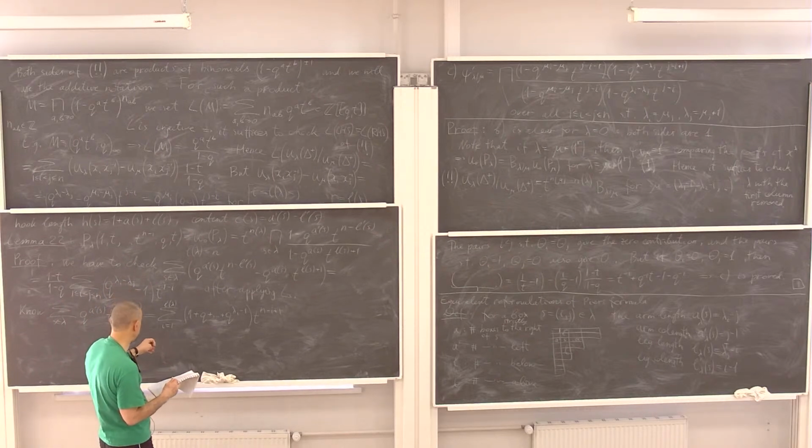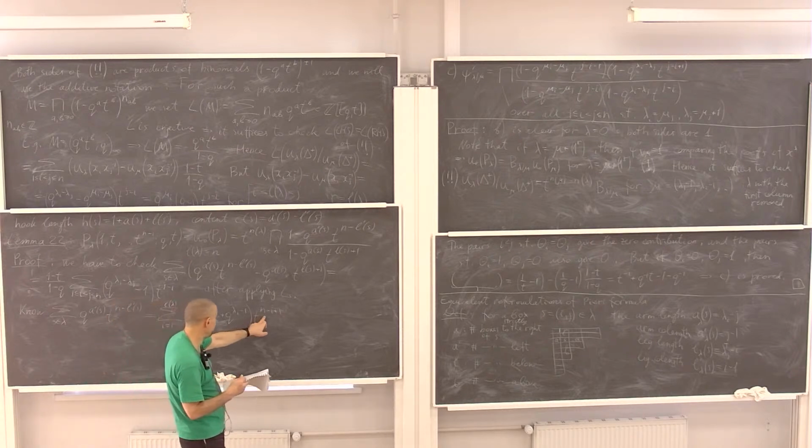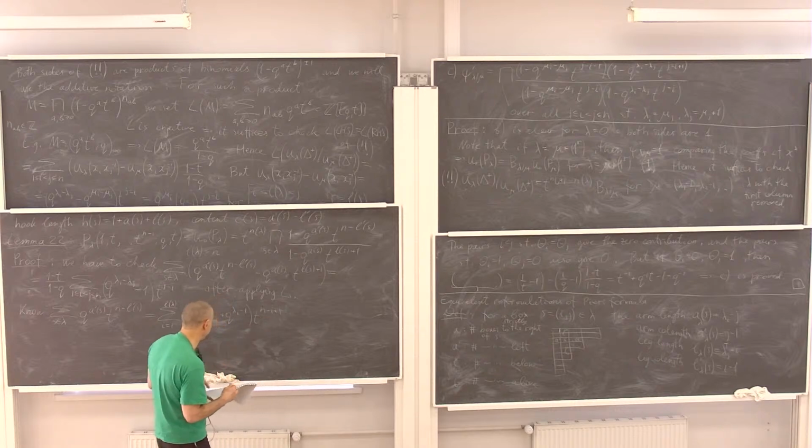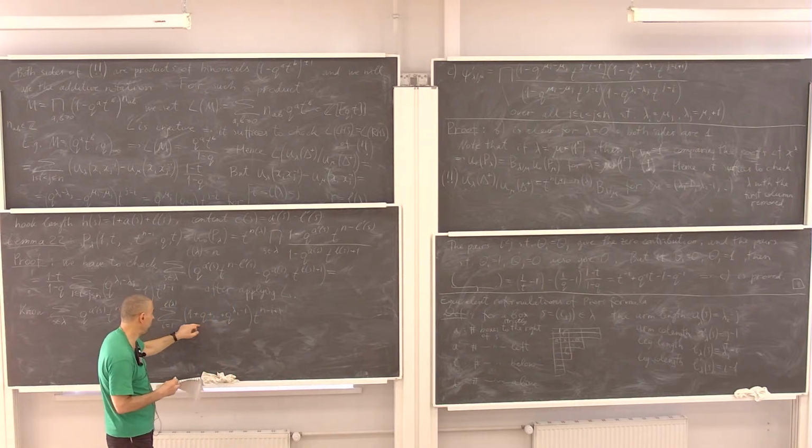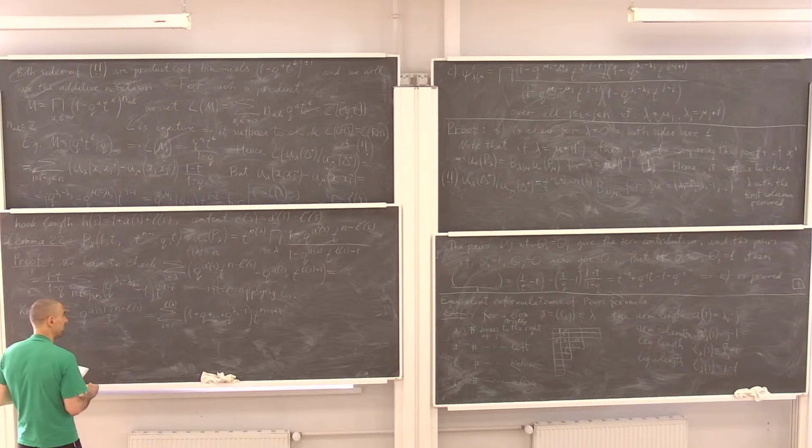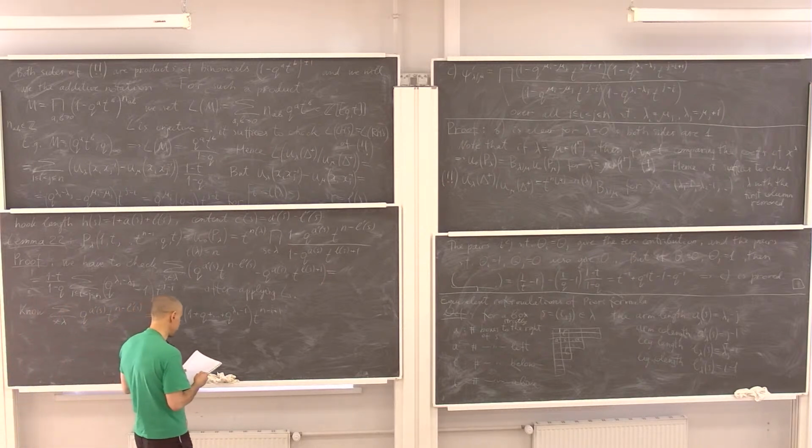So I mean, for each i I have the same t part and add all the possible q contributions.